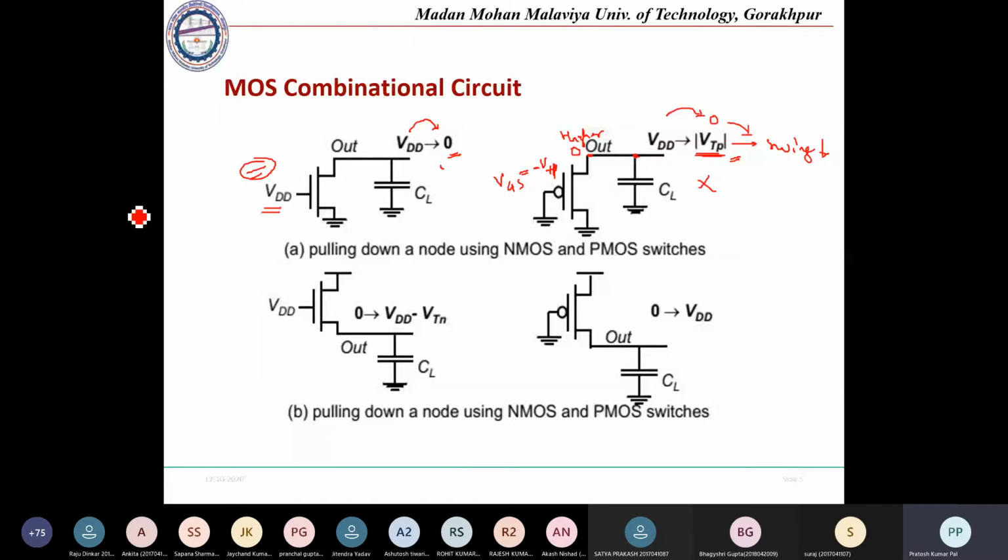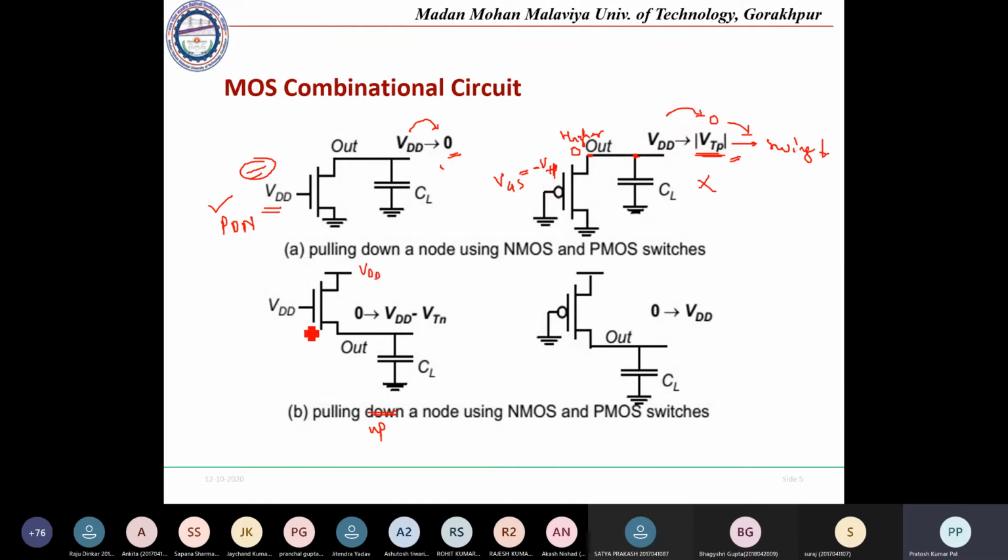Similarly, in case of a pull up network, suppose we are going to implement a pull up network. In that case, we will see how the NMOS and PMOS should behave. In case of a pull up network using NMOS, at the output terminal, instead of VDD, the output will be VDD minus the threshold voltage.